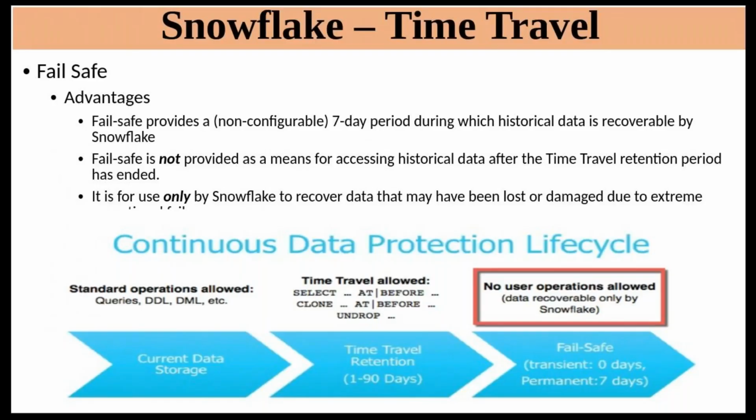For example, you have 10 million records and then you do DML activity. So you will have a 24-hour time window. After 24 hours, the current table snapshot gets moved, so that 24-hour version of the files is moved into fail-safe. That means it won't have all the versions. The latest version of your 24 hours will be moved there.